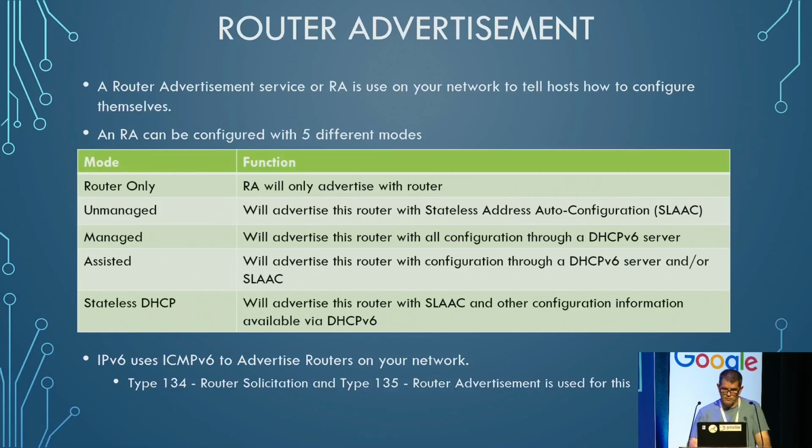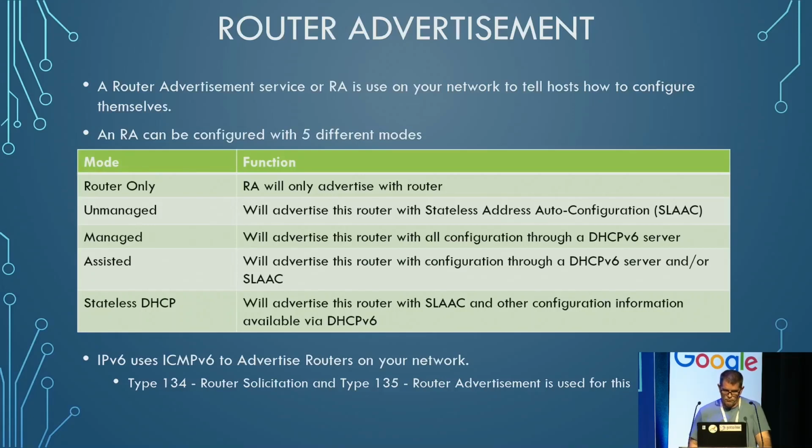You've got managed, where it advises hosts to use DHCPv6 for all address and additional information. You've got assisted, which allows you to use both SLAAC and DHCPv6 independently, and stateless, where SLAAC will be used for address assignment with additional information like DNS, NTP, and so forth provided by DHCP.